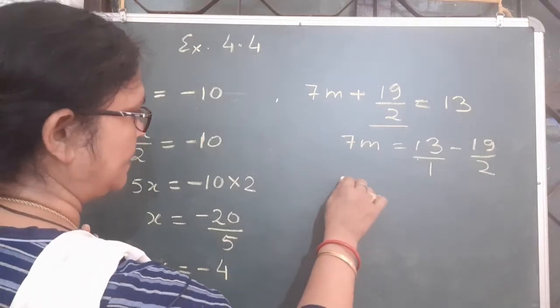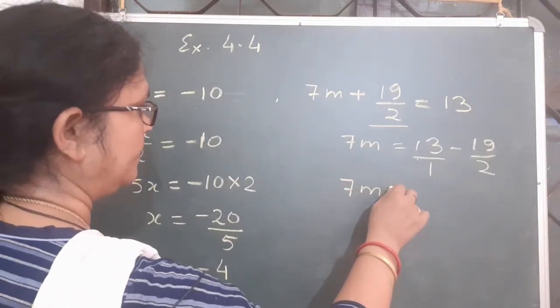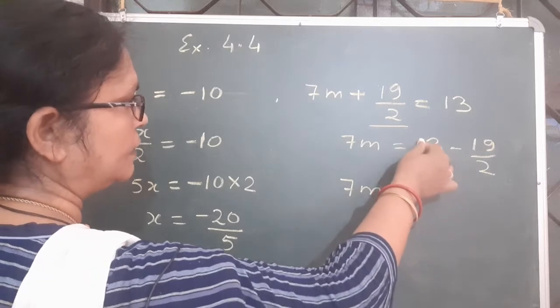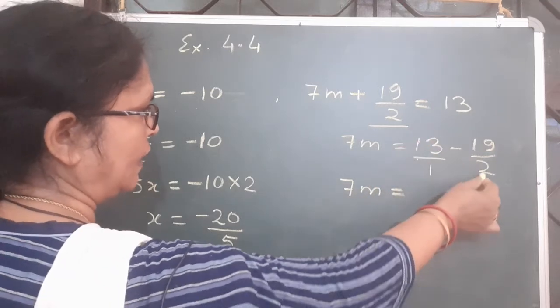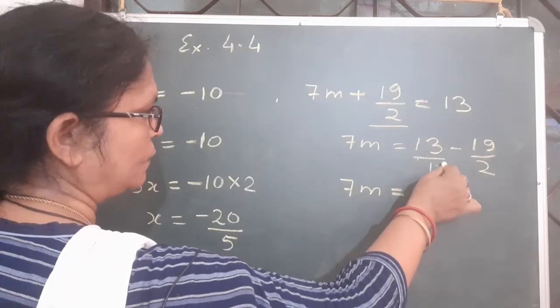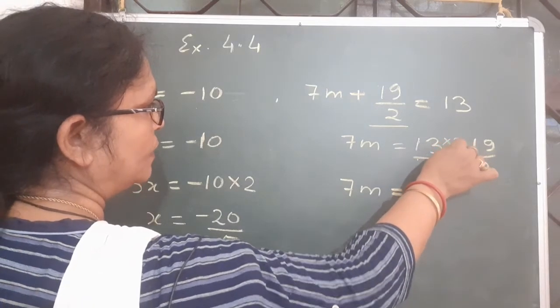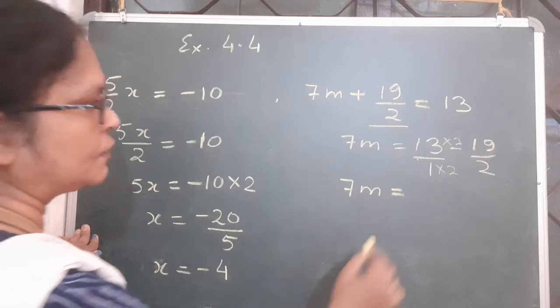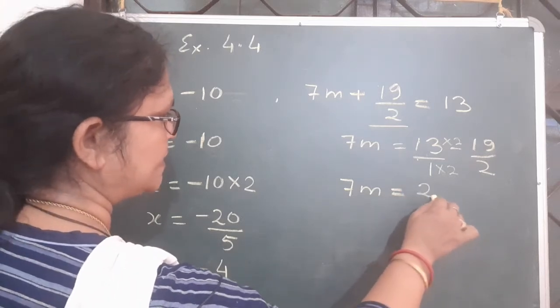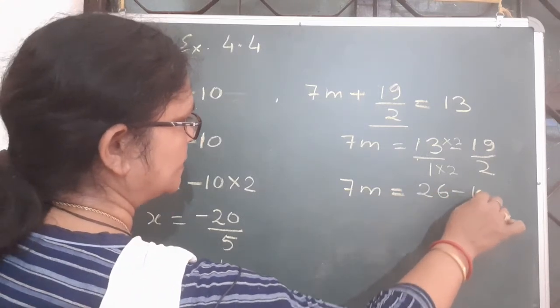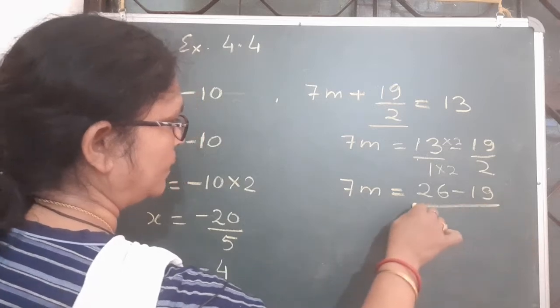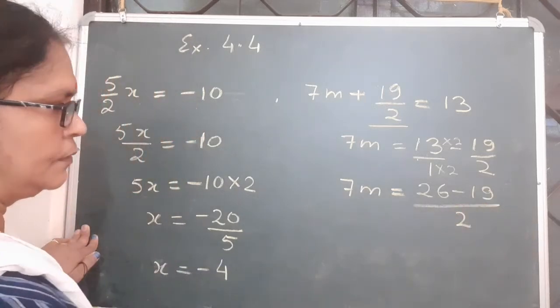Now in the next step, 7m is equal to 13. You have to make the denominator same, so for that you will multiply it by 2 and numerator will also get multiplied by 2. So you will get 26 minus 19 upon 2.